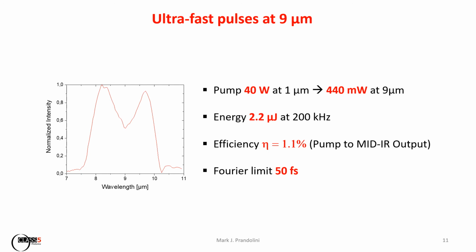Pulse energy was 2.2 microjoules at 200 kilohertz, with a total efficiency of 1.1%, which is directly from the pump to the mid-IR output. And finally, the bandwidth is broad enough to support a Fourier limited pulse of 50 femtoseconds.